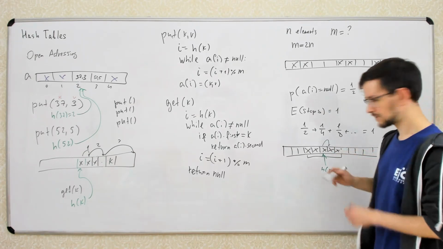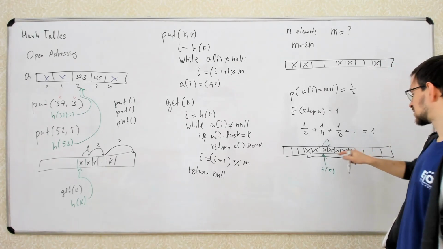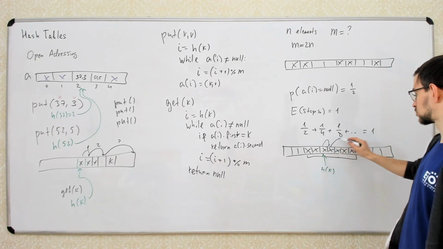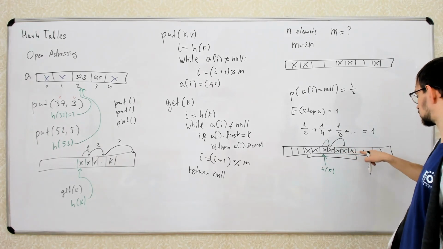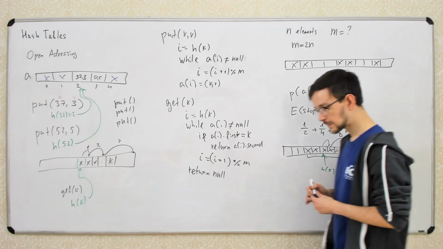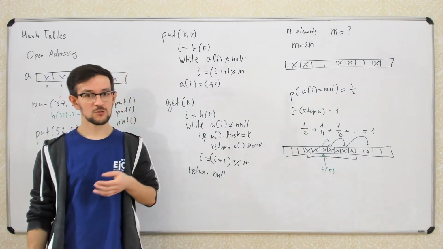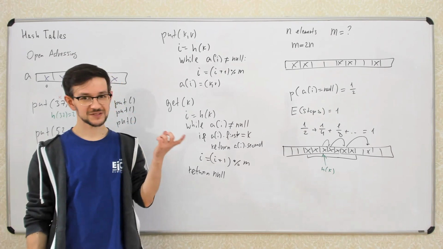Let's have more occupied cells. So first you move 1 cell to the right, then 2 cells to the right, and 3 cells to the right. 1, 2, 3. And put your value here. That will somehow decrease the size of these clusters.